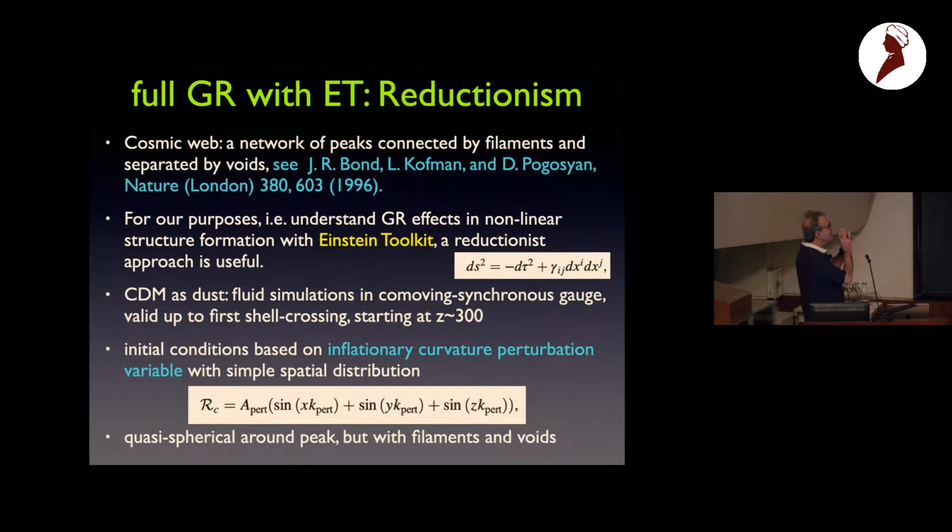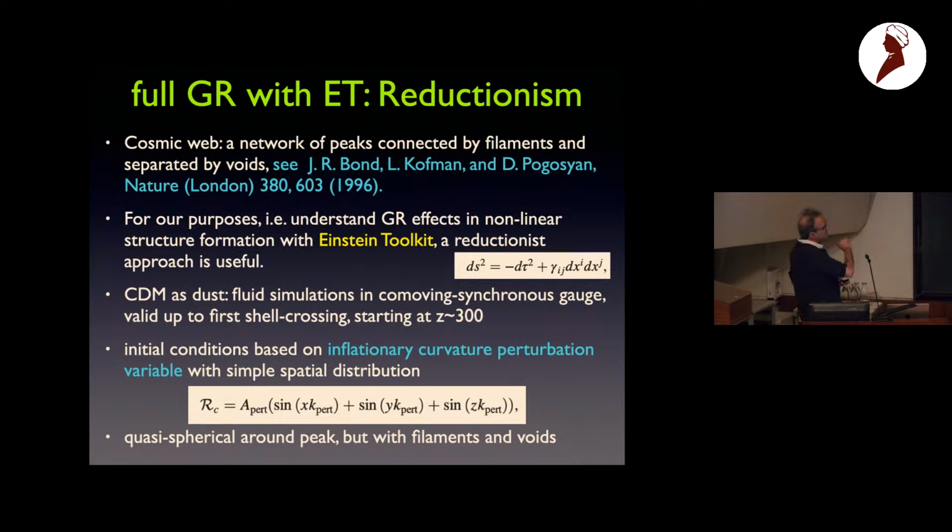How can you make a toy model of that? If you make it spherical, it's too simple, okay? No tidal field. If you do this to look for small GR effects, using a full simulation basically becomes impossible, really the needle in the haystack, right?